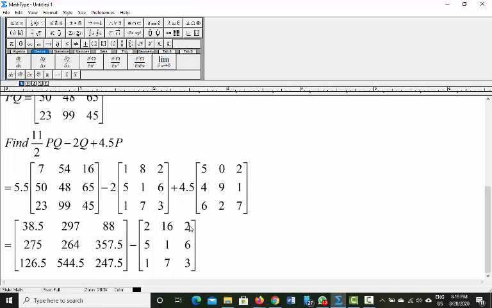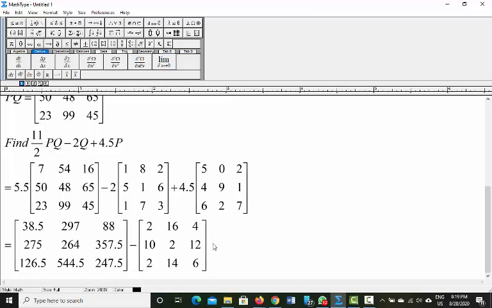This one, we will get 4. Here you will get 10. Here 2. Here 12. Here 2. Here 14. Here 6.